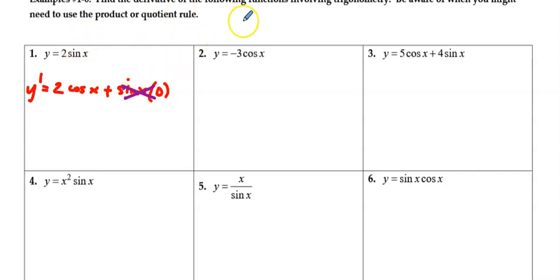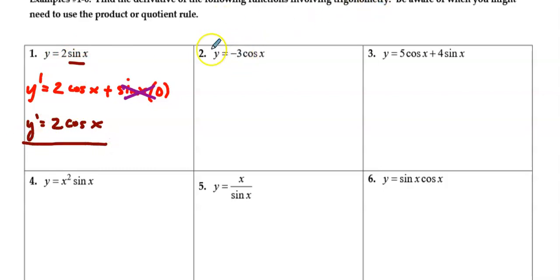So where there's a constant, there's a derivative rule that says we leave the constant alone and just take the derivative of the actual trig function. So the derivative of 2 sine of x is just 2 cosine of x. It's just that simple.